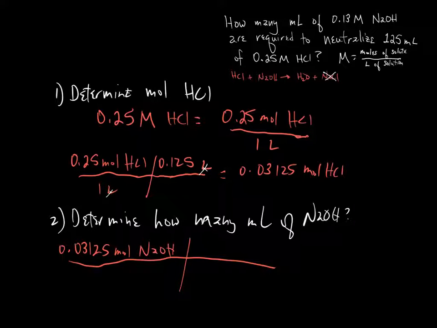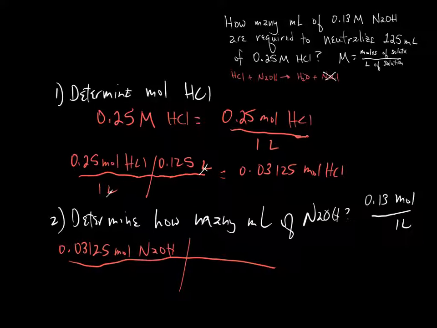But now we got to go to milliliters. But we were only given molarity up there for the NaOH. So just as a little side note, I'm going to rewrite it.